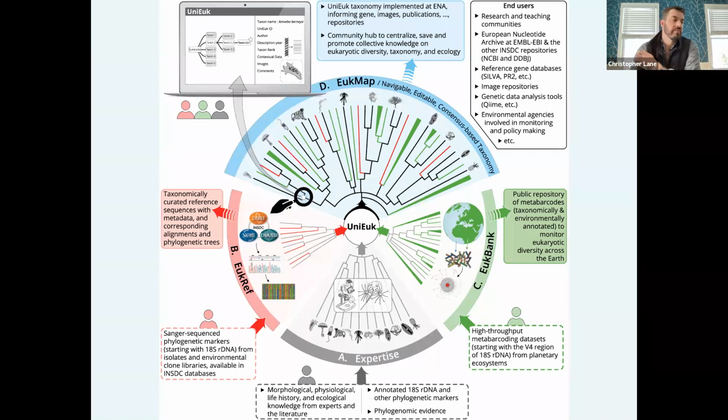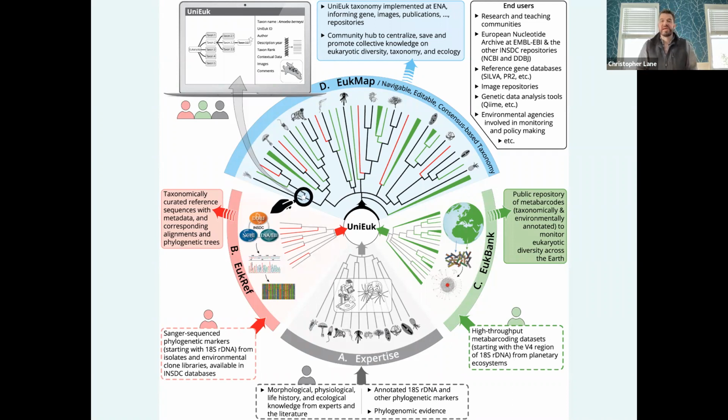We combine all of that into an output that we're calling EukMap. EukMap is essentially an informed, community taxonomy that's agreed on among the community. It's a centralized hub so that as taxonomic changes happen, they can be changed in real time by members of the community. We've got a group of taxonomic experts who, I don't want to say police the taxonomy, but as changes are proposed, decisions are made among that community.